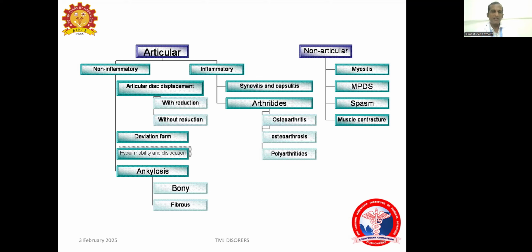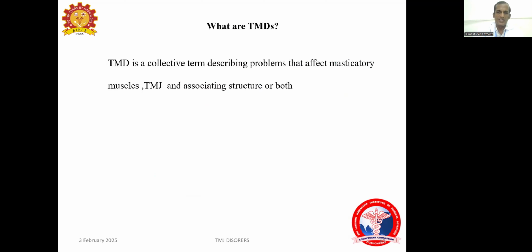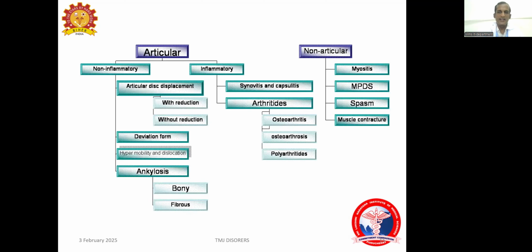Now you should be very clear when you differentiate the temporomandibular disorders. Either it can be associated with articular or muscular. Broadly, it can be either in the disc or in the muscle.